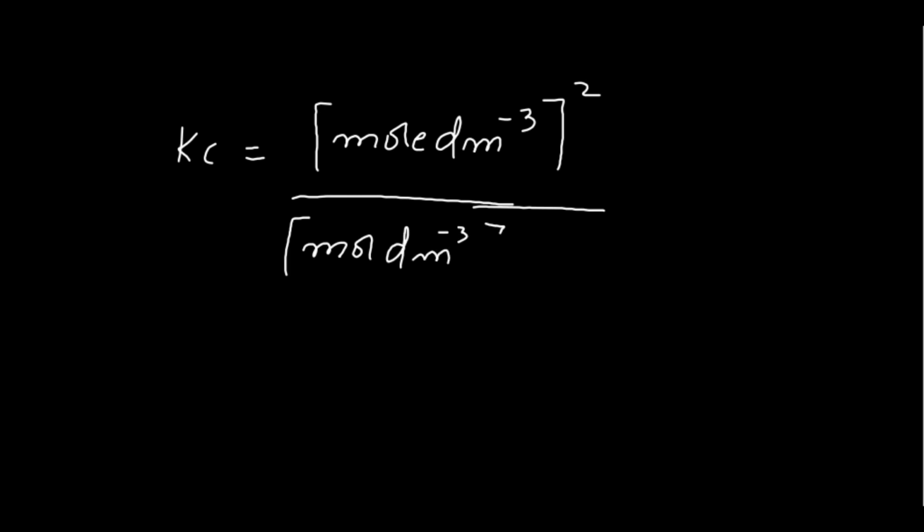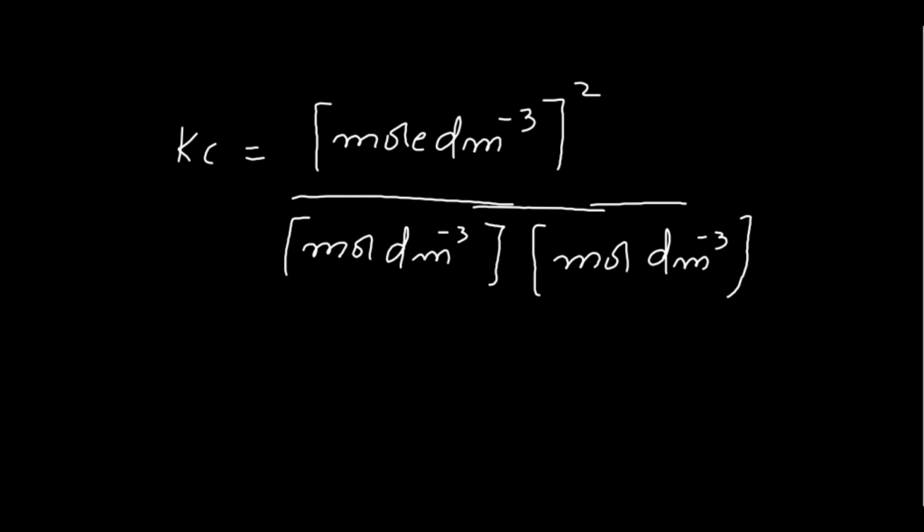Since we have just 1 mole of hydrogen, ठीक है स्टूडेंट्स, तो फिर हम इस पे कोई पावर नहीं लिखेंगे, 1 को आमतौर पर नहीं लिखा जाता. Similarly, we have 1 mole of iodine, right students, so we write as mole per cubic decimeter.